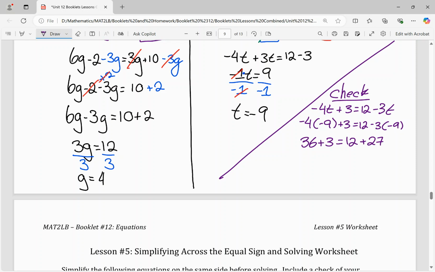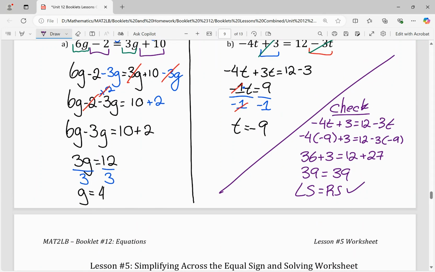Let's continue. We have 36 plus 3, which is 39, is equal to 12 plus 27, which is also going to be 39. So the left-hand side is equal to the right-hand side, and the answer is, in fact, -9.